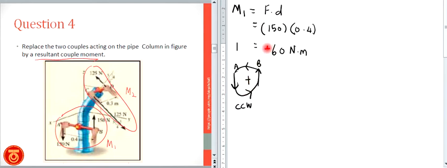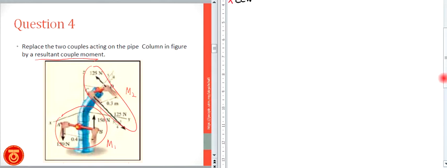And this is a 3D couple moment, so you need to know this positive is at which axis. What is the axis of this? This is the x-axis. So positive 60 Newton meter in the i direction.